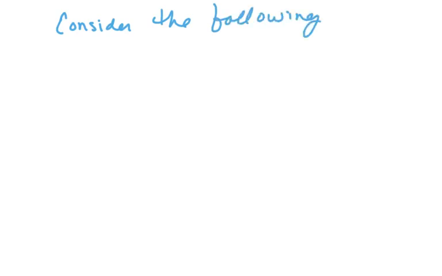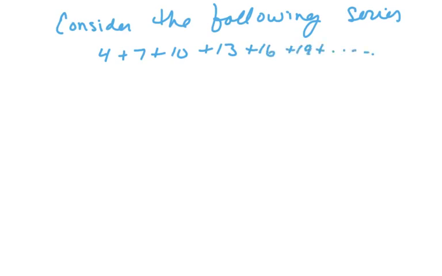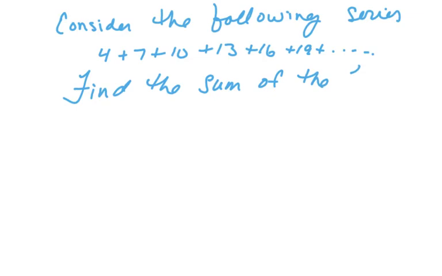For our last example, we are going to consider the following series. And it's a series because we are adding. We want to find the sum of the first 30 terms.